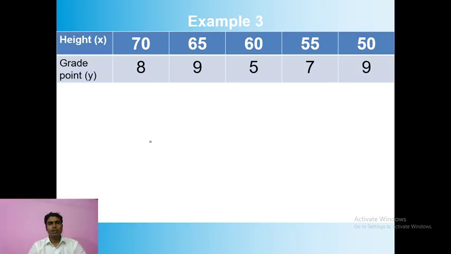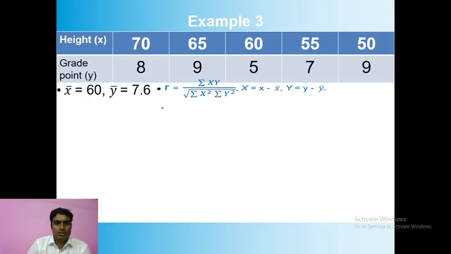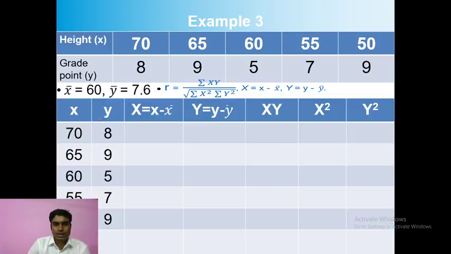Now the third example. We have the height of the student and the corresponding grade points. Now in this case I use the same formula again every time. So here I find x bar, that is 60, and y bar is 7.6, right? Then I use the same columns. How many columns are there? Here 7 columns.